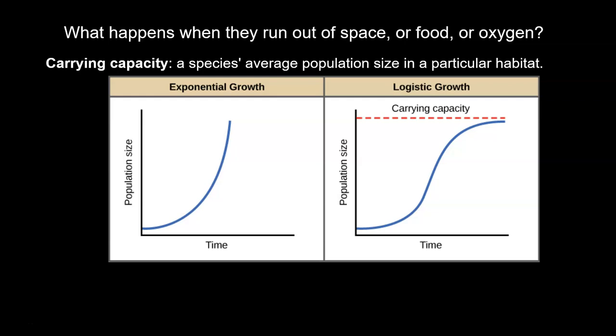You might be able to have more cows survive in Modesto than can survive in the Mojave Desert. Okay, so the carrying capacity is just an average number. It's a theoretical number that is the amount of organisms that can exist in a particular habitat, a particular place.